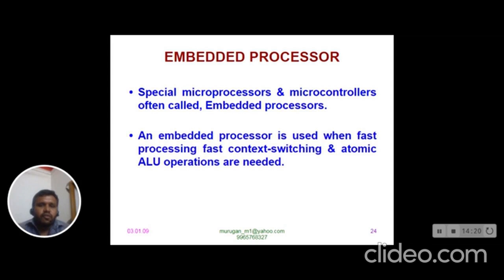The embedded processor is used when fast processing, fast context switching, and atomic ALU operations are needed. What is meant by fast processing and fast context switching? In various areas, for any application, we don't wait for time. We need to do any work within a time.